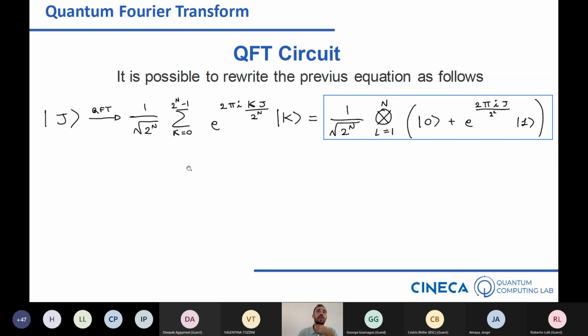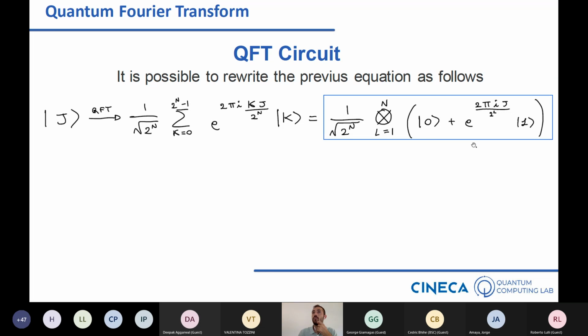We can rearrange all the terms and apply some mathematics to transform this state into this other state, which is a tensor product of n qubit states.